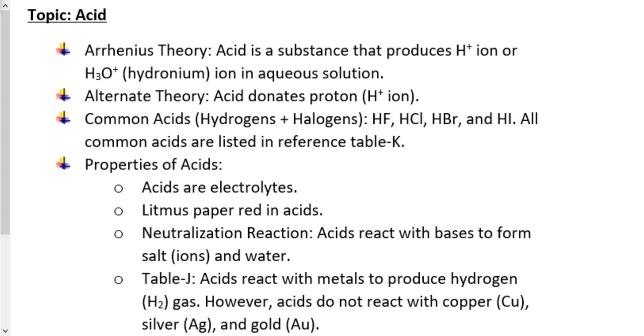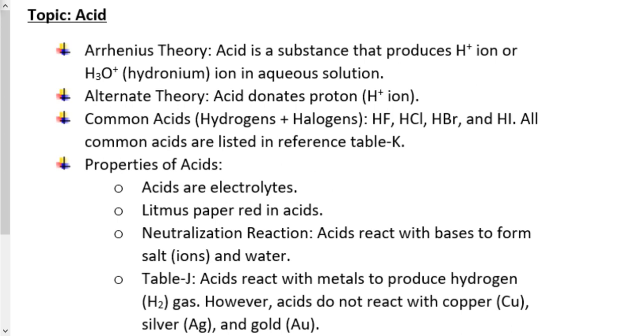Now, this part is listed in your handout that was given to you based on Google Classroom. I wrote the topic acid and I gave you all the definitions of acid based on Arrhenius and the alternate theory. I also wrote down some common acids for you.